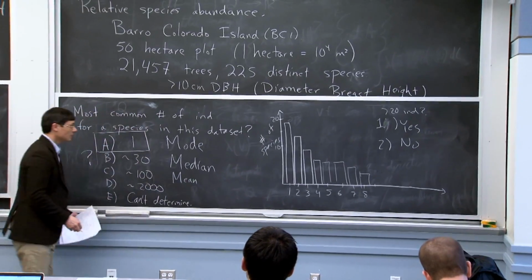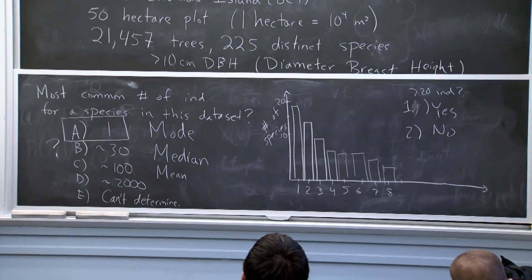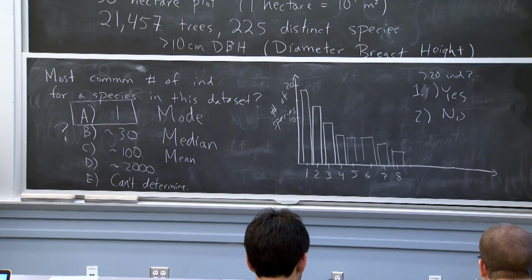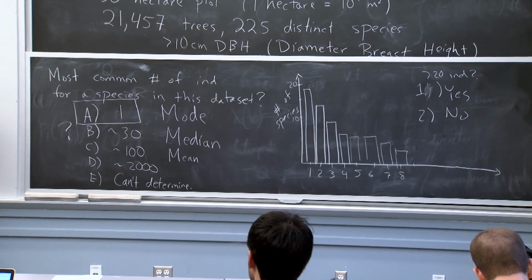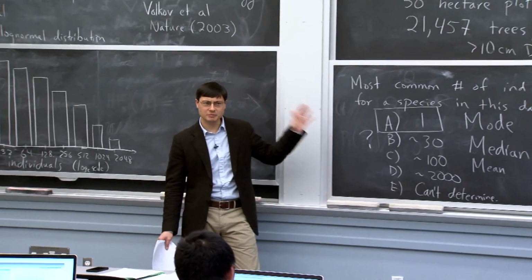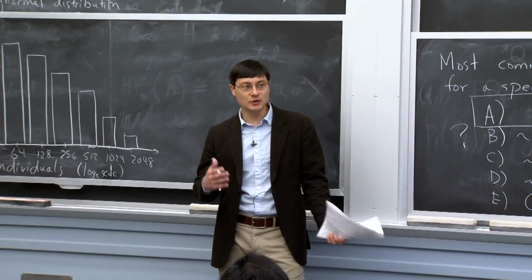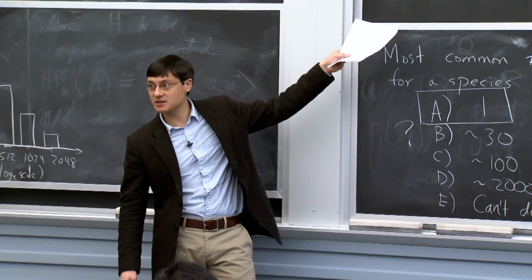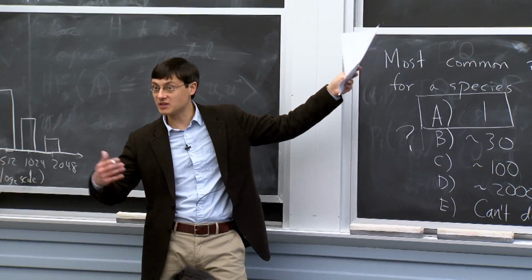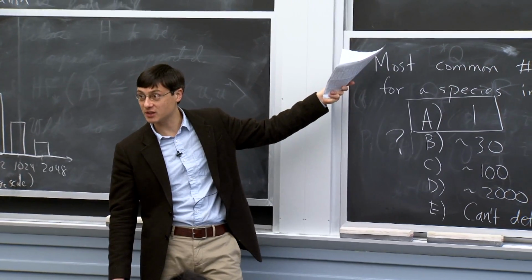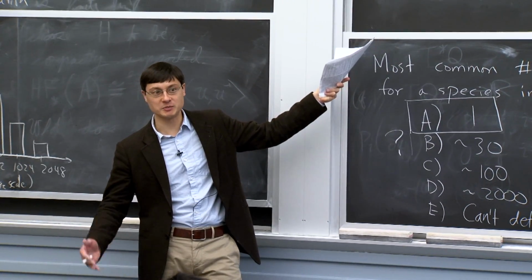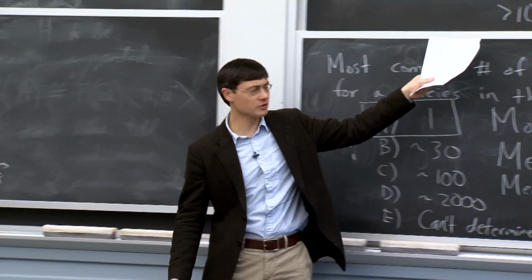Okay. So this is a very, very funny distribution. I want to highlight, I think it's not at all what you would have expected somehow. At least if you had described this measurement process to me, if you told me that you went to this island and you counted 20,000 trees, I don't know how many species I would have guessed, but 220, that's reasonable.